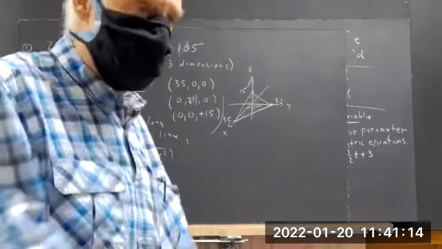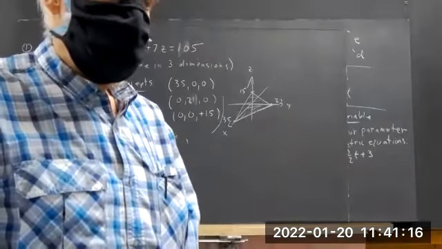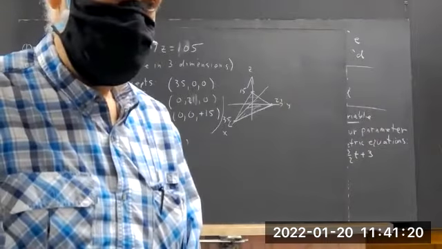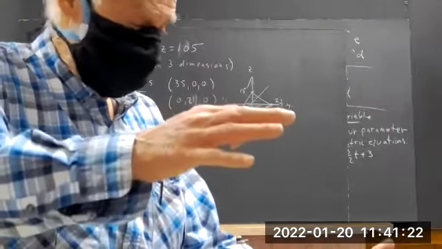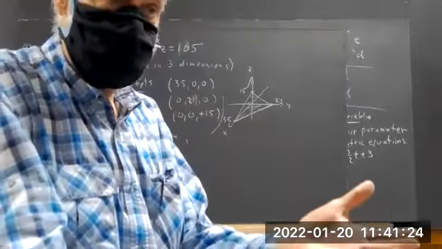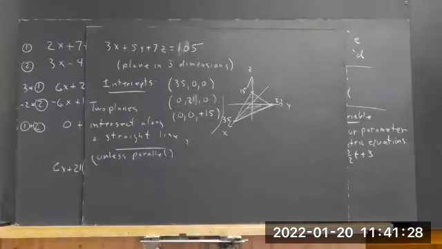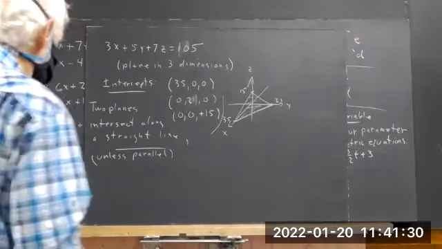If they're parallel, they might not intersect at all. And if they do intersect, they intersect everywhere. If they're parallel and they share one point, then they share all points. That means it's one plane right on top of the other.